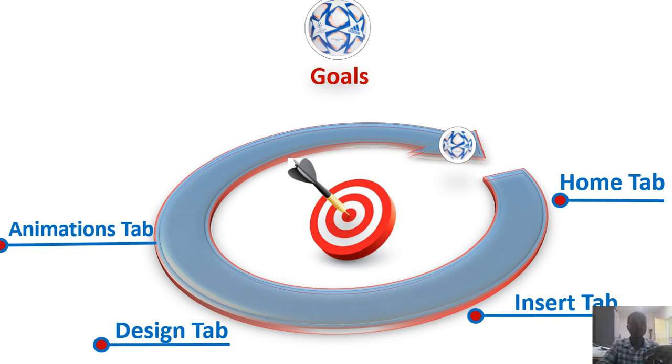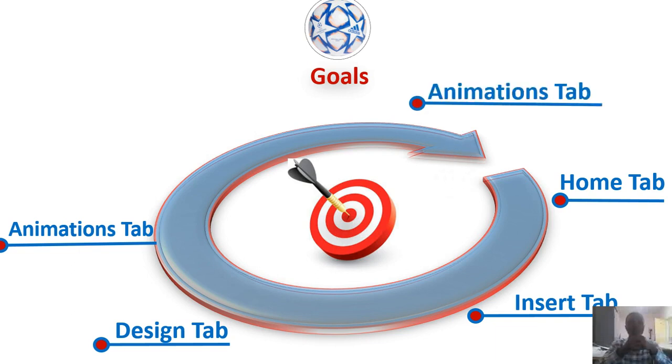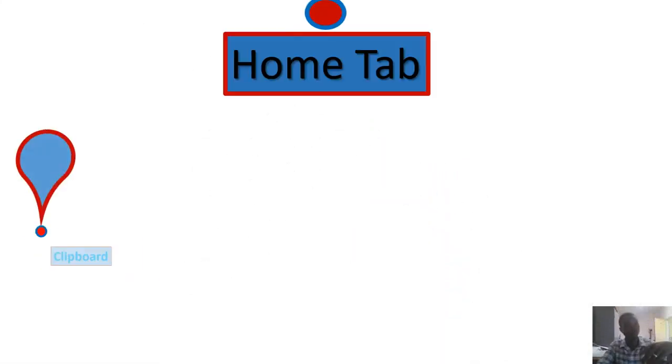And then lastly, we're going to look at slideshow tab, which allows you to run your slides from start, or you may run your slides from the current slide, that is the slide that you are currently editing. So let's now talk about the home tab.